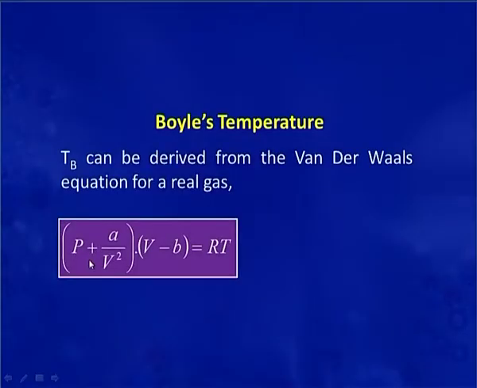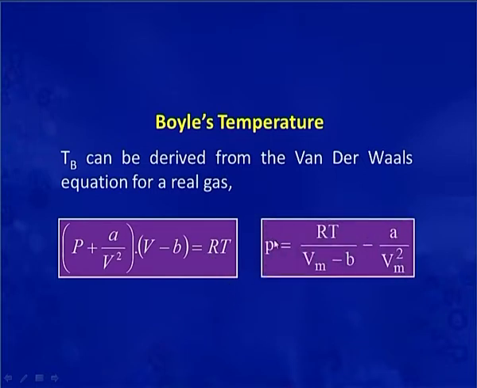TB can be derived from the van der Waals equation for real gases. The van der Waals equation is (P plus a by V square) into (V minus b) is equal to RT. You can write it in another form, that is P is equal to RT by (Vm minus b) minus a by Vm square.